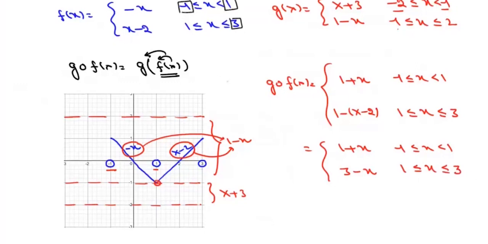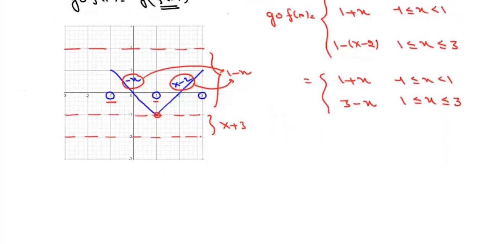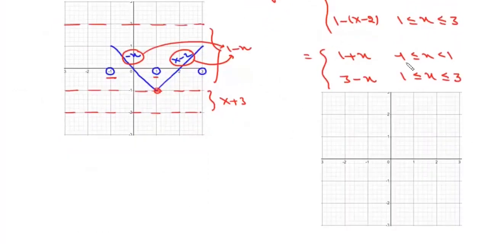Now we'll draw the graph of g of fx. For g of fx, when x is minus 1, this is 0, and when x is 1, this is 2. So it is this line 1 plus x. And when x is 1, it is 2, and when x is 3, it is 0.